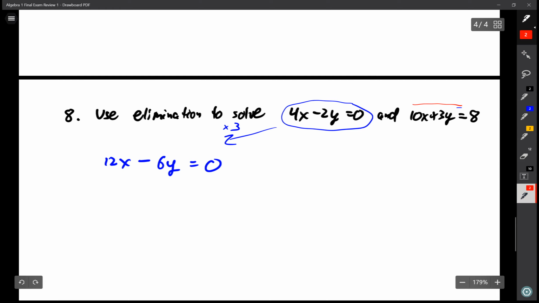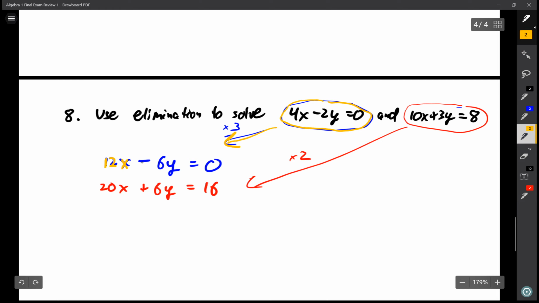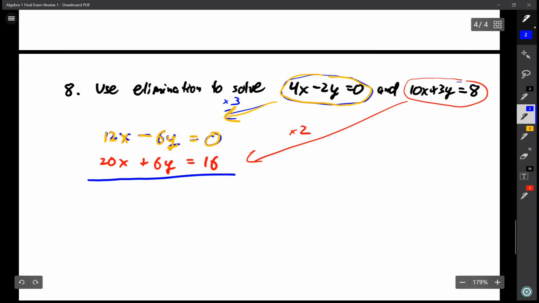So that'd be 12x minus 6y equals 0. Now I look and ask, what variable did I set myself up to eliminate? I set myself up to eliminate the y's, and I asked myself, would I subtract or add to eliminate the y's? Well, if I did -6 minus 6, I'm going to get -12y.